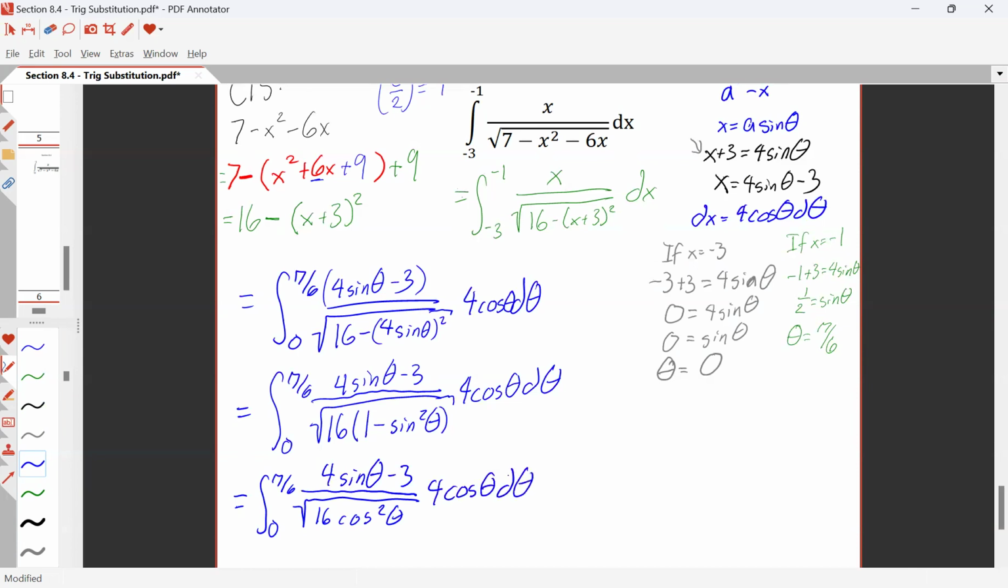And the square root of 16 cosine squared theta is 4 cosine theta.